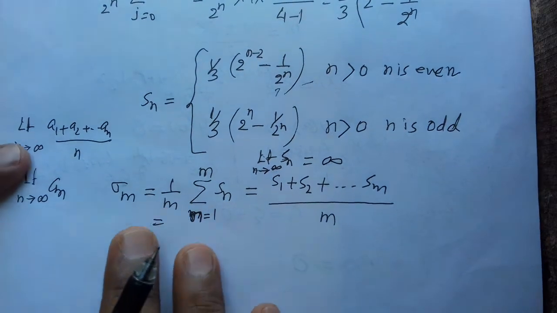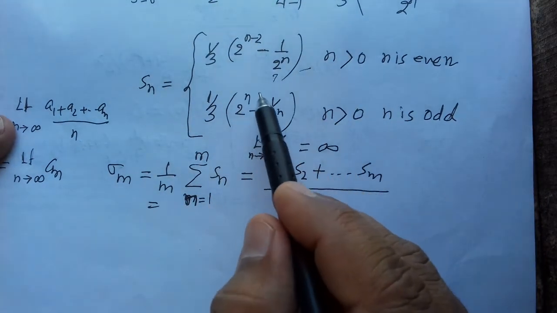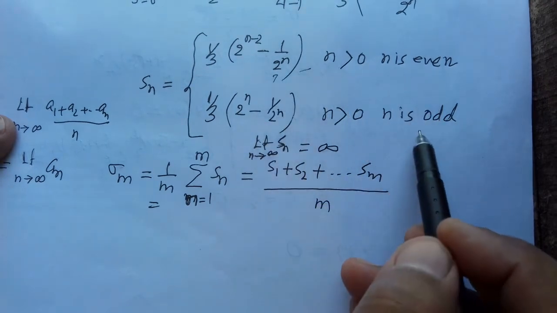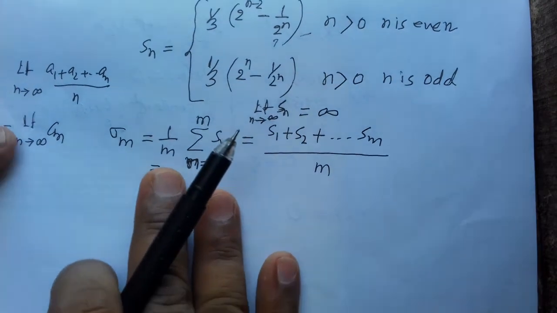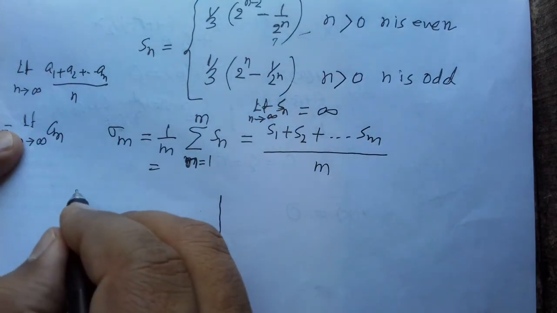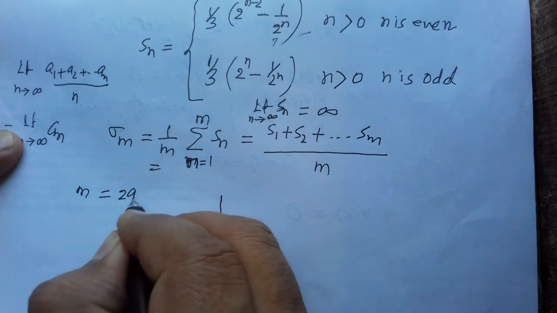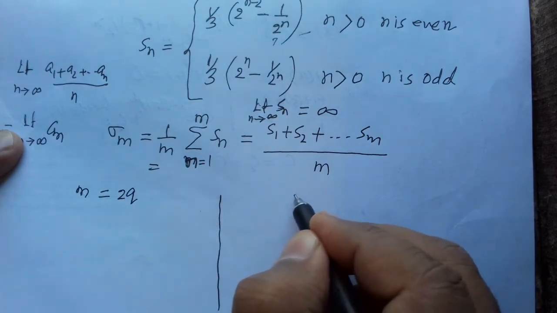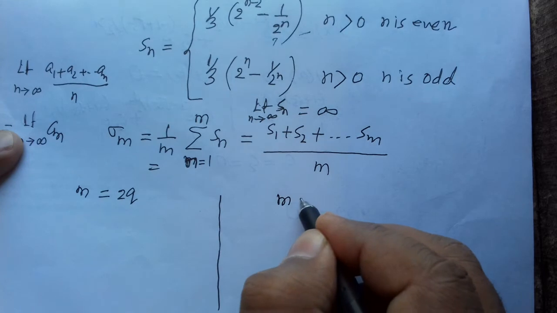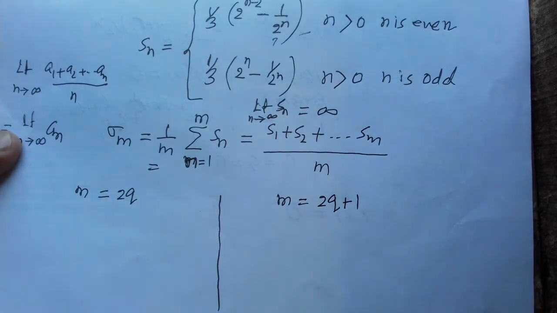And now there are two situations, because we have separate functions for even and odd n, so we will separate. There will be two cases. Suppose case 1, m equals 2q, an even number, and case 2, m equals 2q plus 1, the odd one.